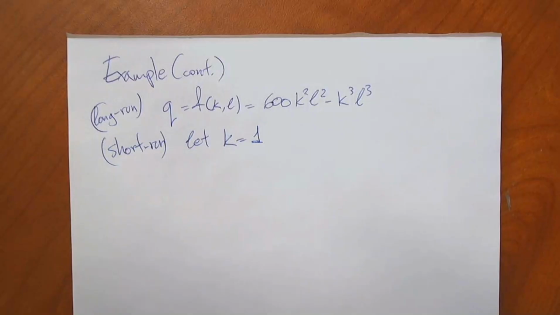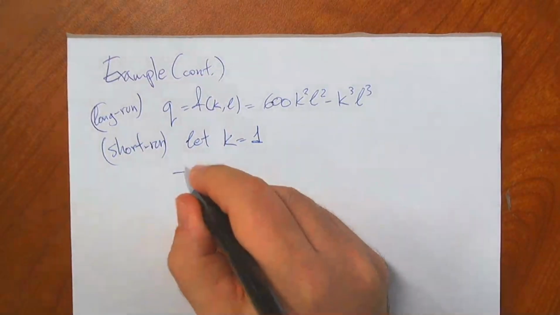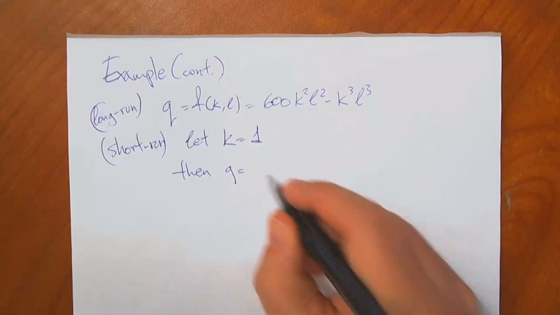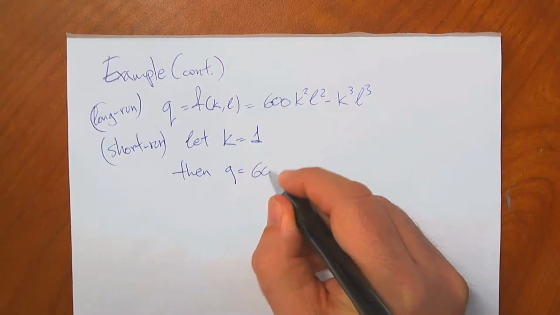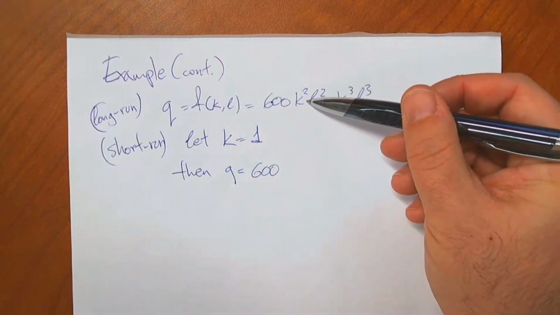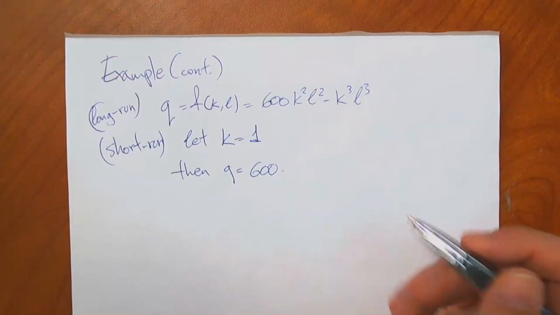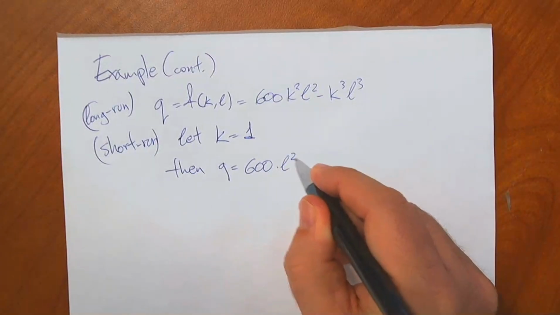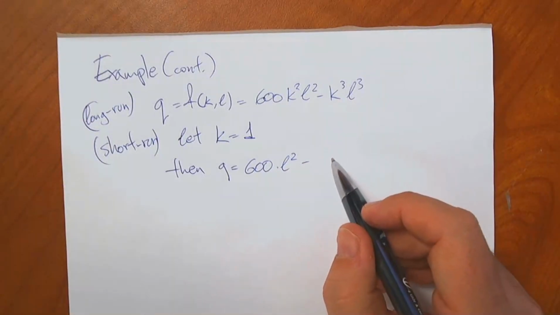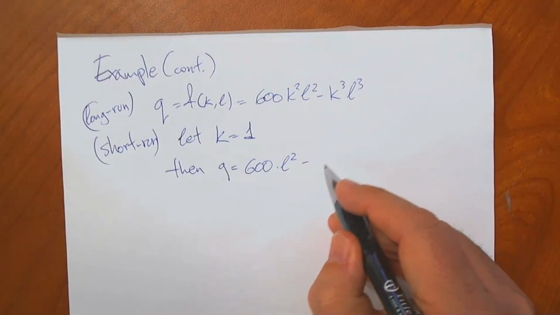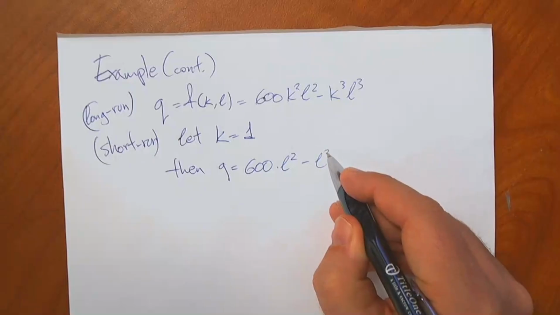That's very convenient for us, in order to be able to do all of these calculations. So then Q is going to be equal to 600, K to the power of 2, that's 1 to the power of 2, that's 1. That does not need to be in here, right? So L squared minus K to the power of 3, that's 1. We can skip that, L to the power of 3.